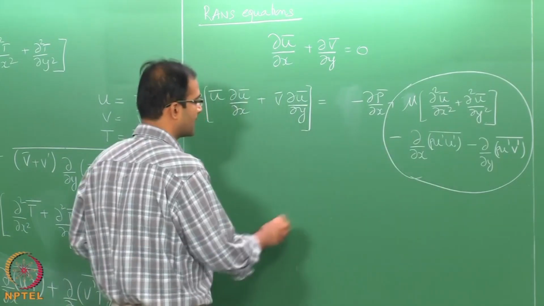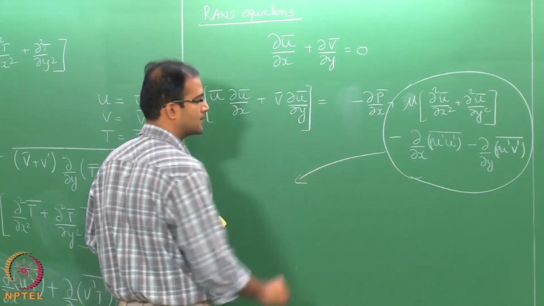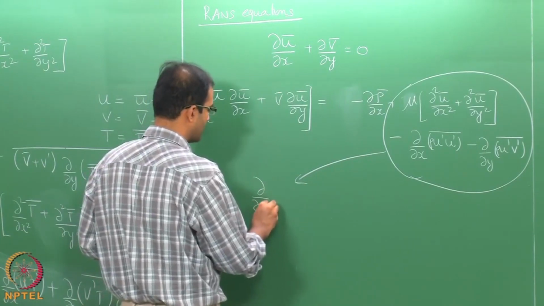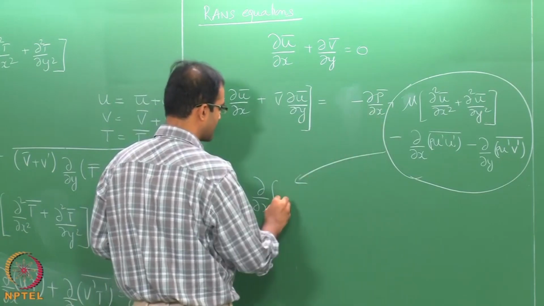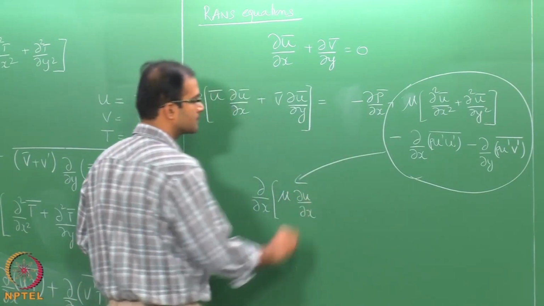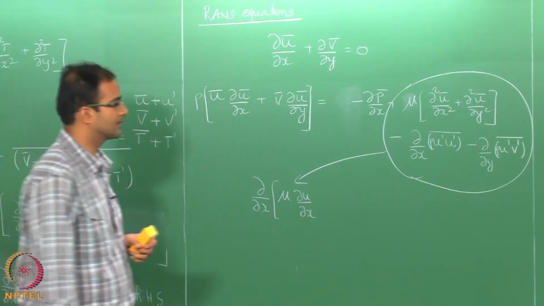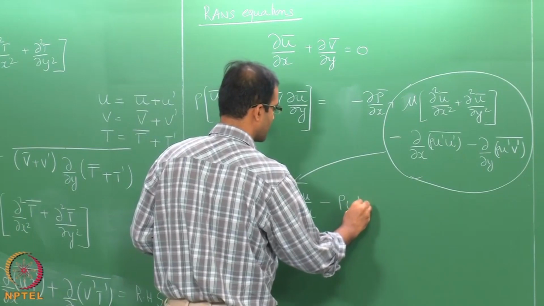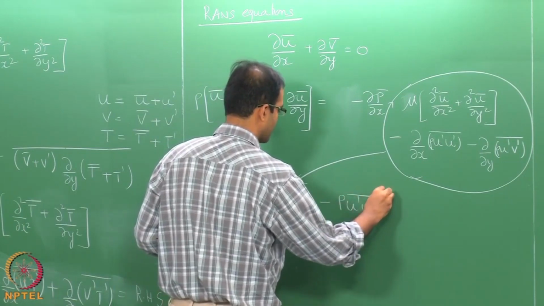So, I can write this bunch of terms as d/dx common, and this is nothing but mu du/dx minus rho into u prime squared bar.